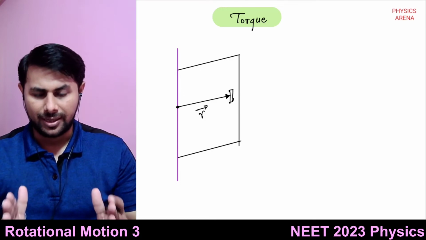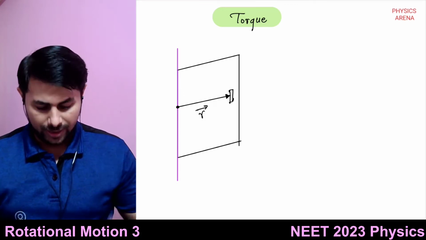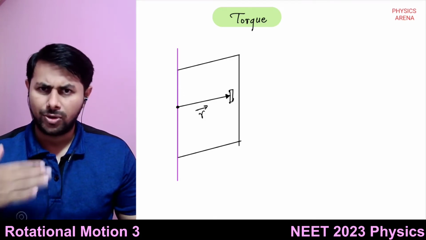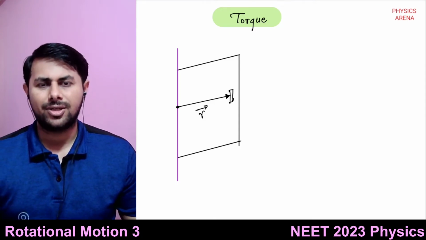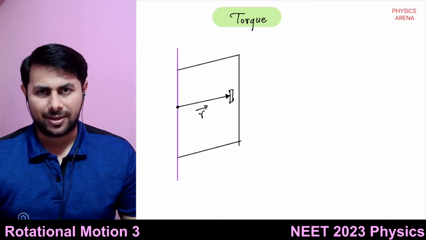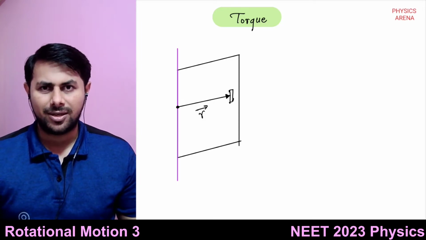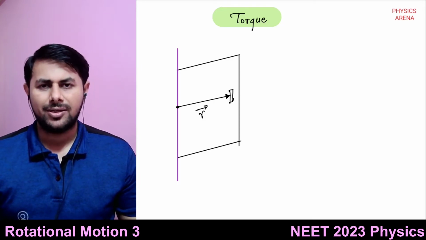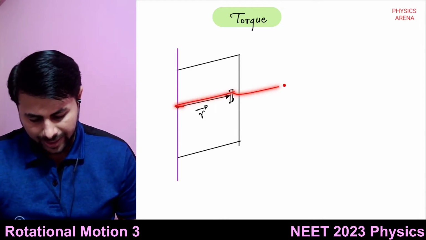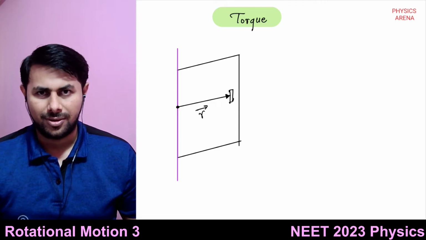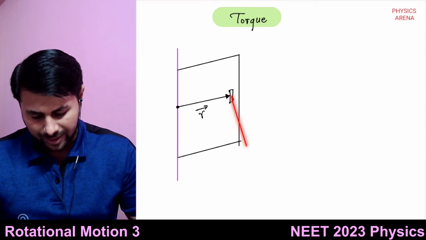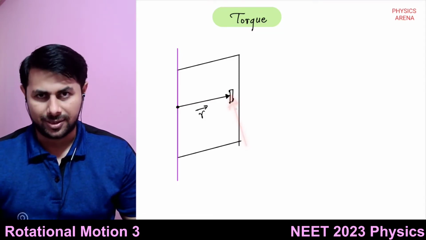It is directly proportional to force as well; the more force you exert, the more the rotational effect. And it is also proportional to the sine of the angle. Why sine of the angle? Because when the angle between r and f is 0, there is no rotation at all, and rotation is very easy when the angle between r and f is 90 degrees.